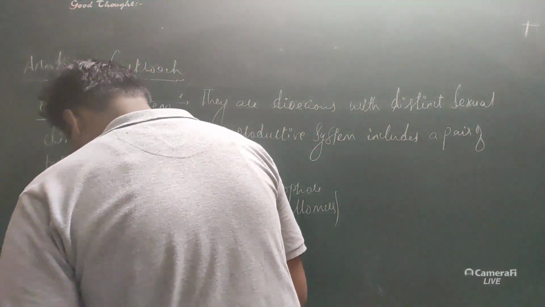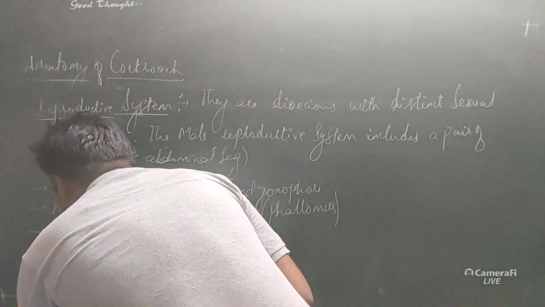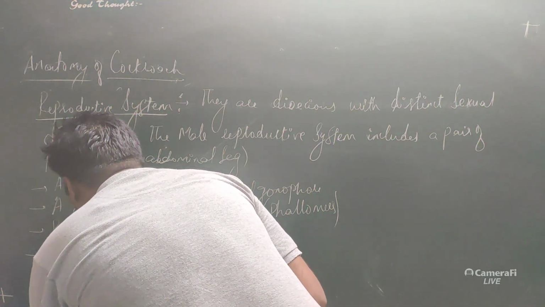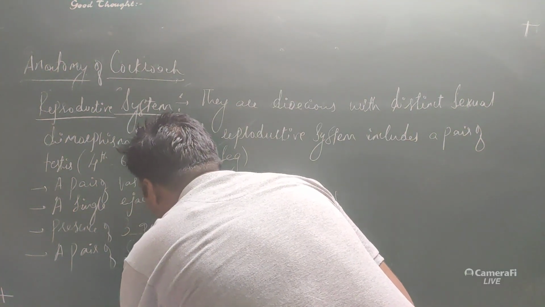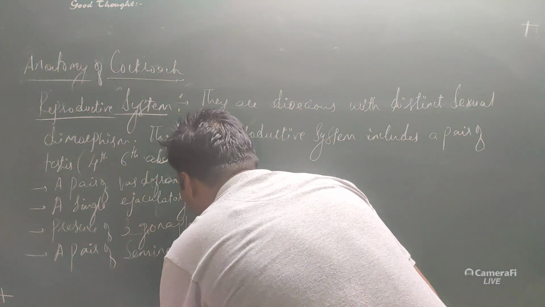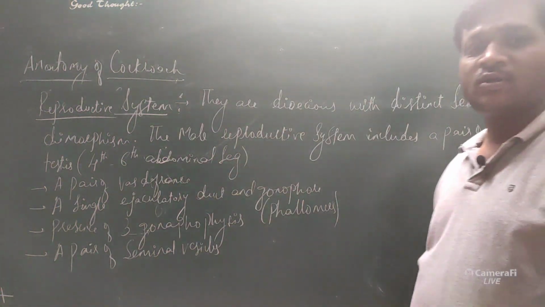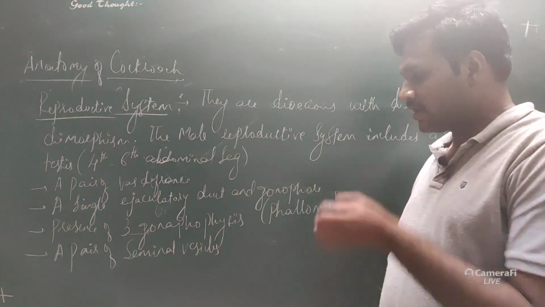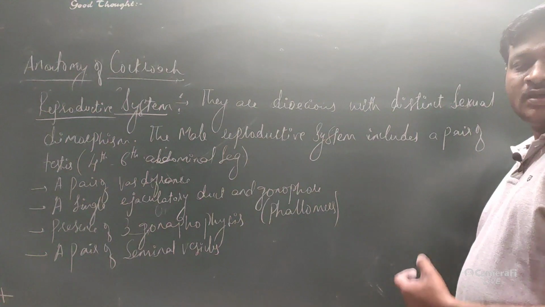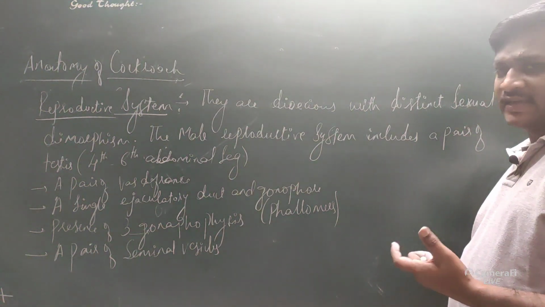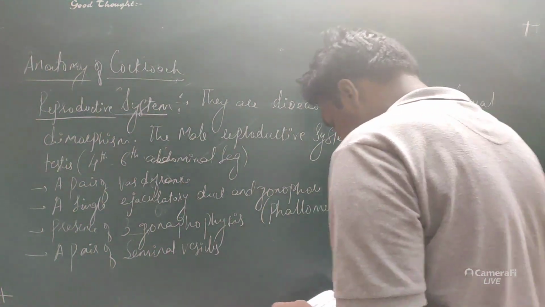The next, a pair of seminal vesicles. Basically, seminal vesicles are responsible for secretion of the semen, which acts as a nutritive substance as well as provides enzymes. It also contains calcium ions. Okay, that is the semen.